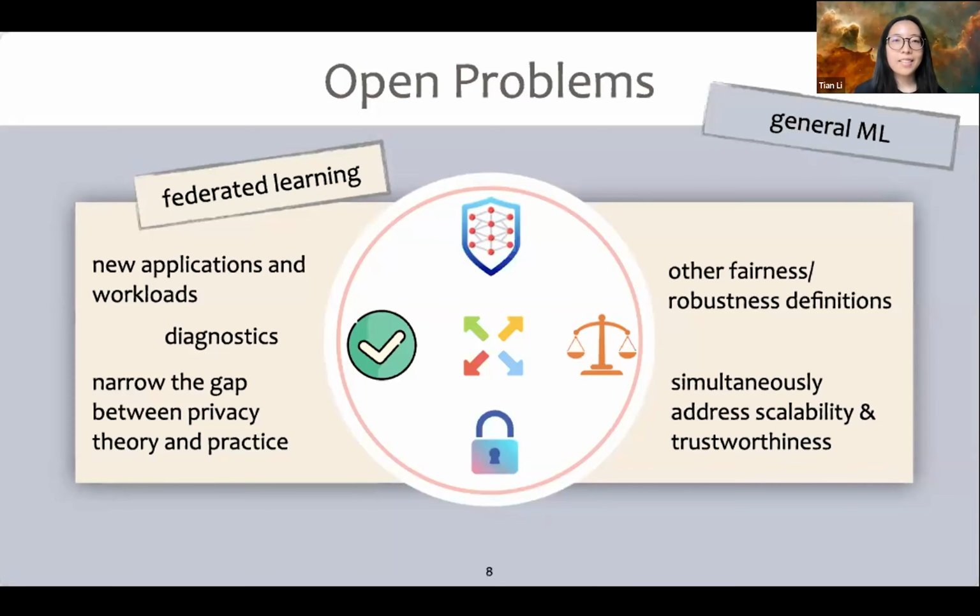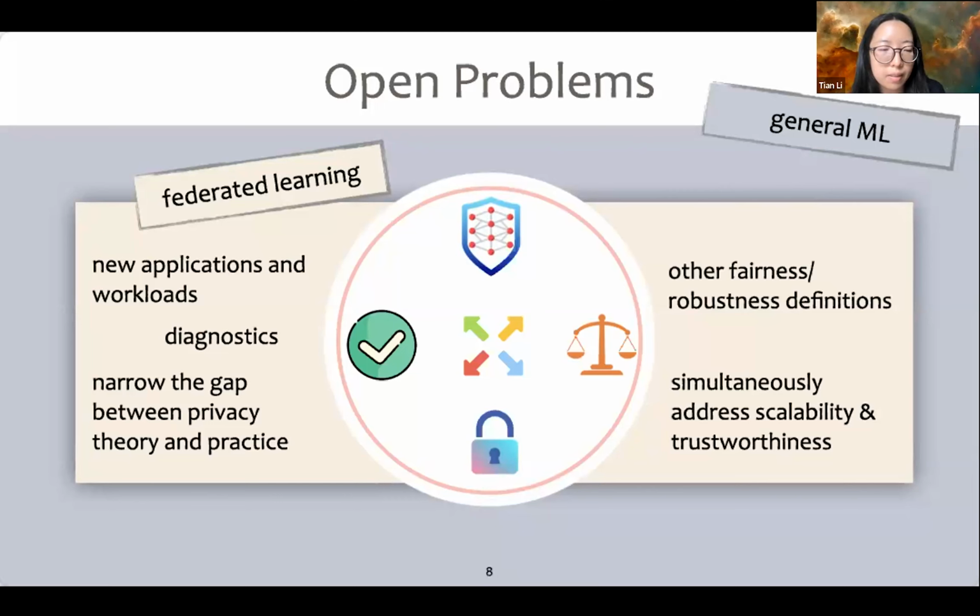Okay. Yeah, I think personalized federated learning is very important for both settings. One is that, as expected, by doing personalization, we can improve the performance or accuracy of the models across the clients.